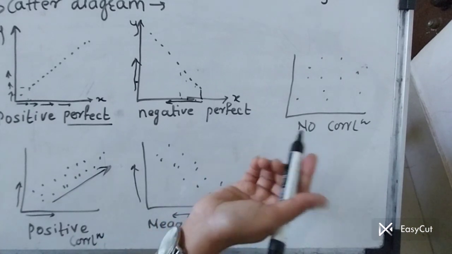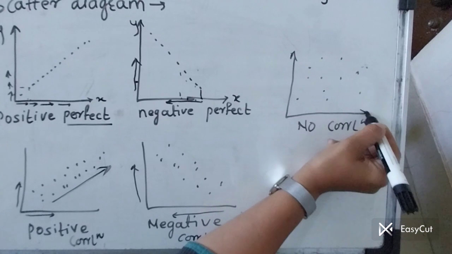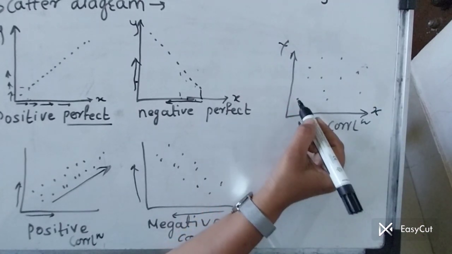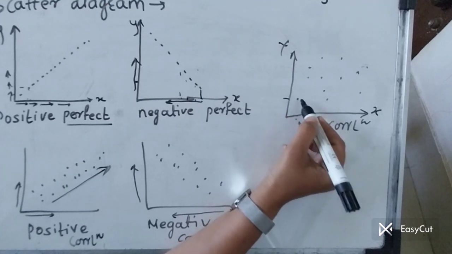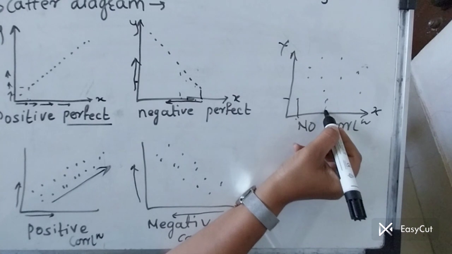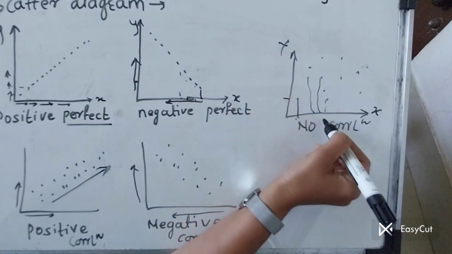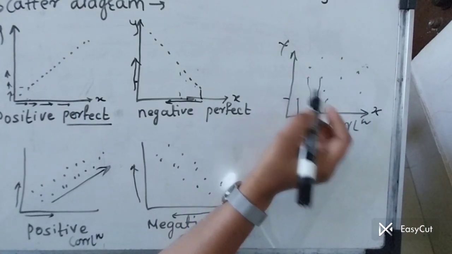Next scatter diagram is no correlation, meaning we can't find the relation between x and y. What can we predict from this diagram? Suppose x here, y here increases. But what about this x? We can't predict the relation between x and y.